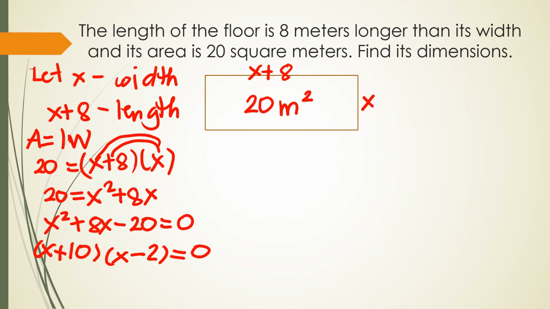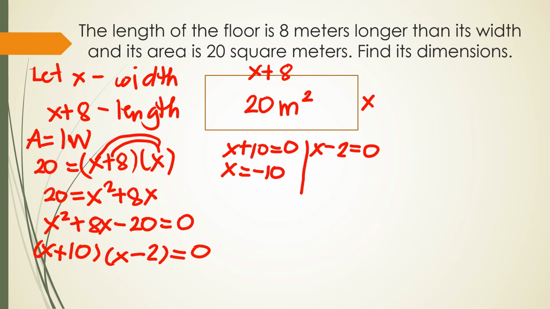So, we have here x plus 10 is equal to 0. Then, x minus 2 is equal to 0. So, by using APE, so we have x is equal to negative 10.